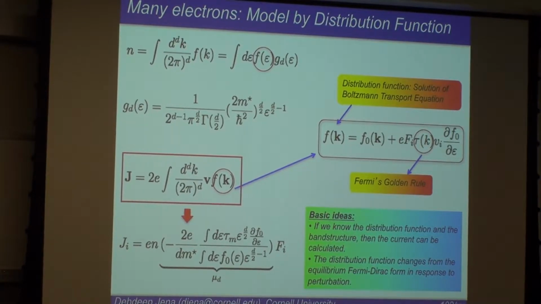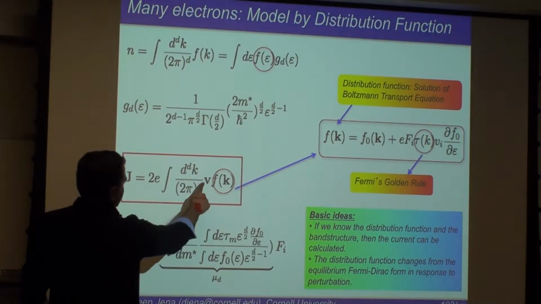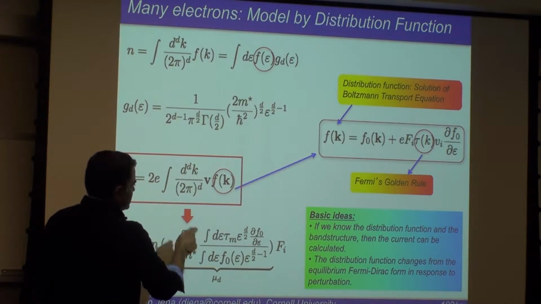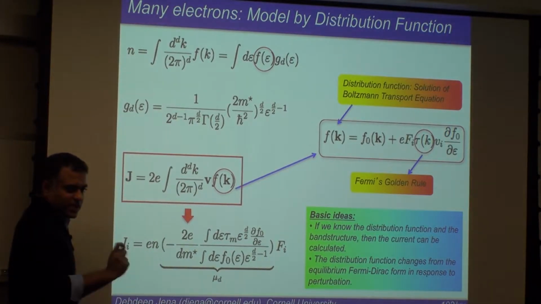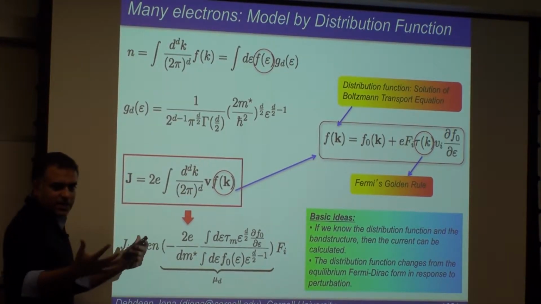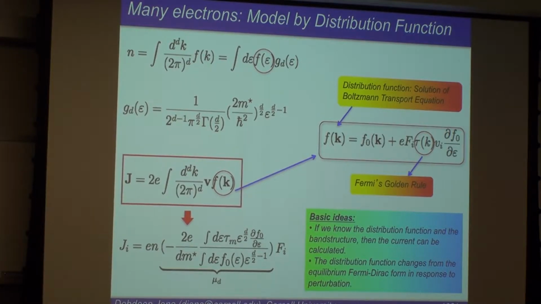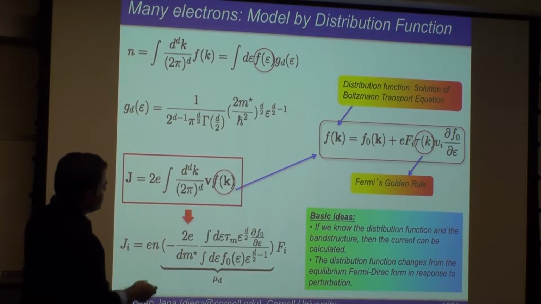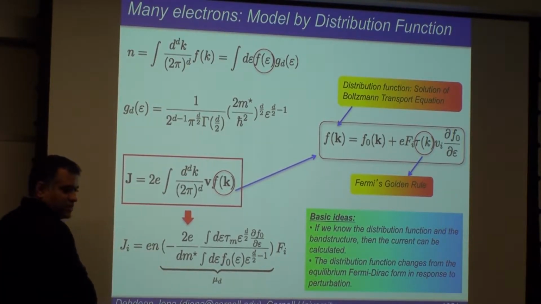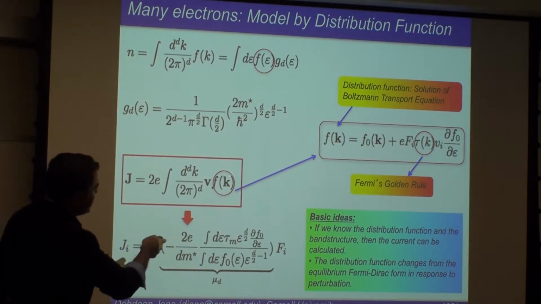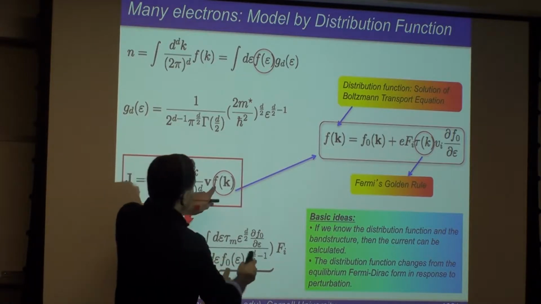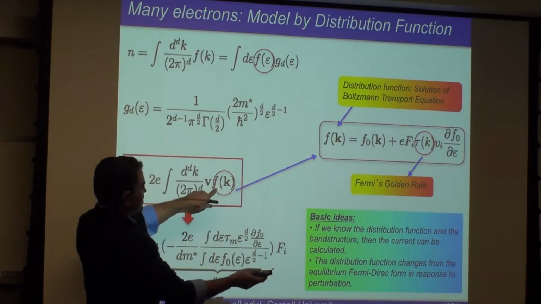And the velocity here is the group velocity that does not depend on the Boltzmann transport equation. That is just the band structure, the E-k diagram of the solid. It doesn't care about the Fermi function, and the Fermi function tells you which states are occupied and which states are not. You're doing this in the assignment, so I'm not going to repeat it.